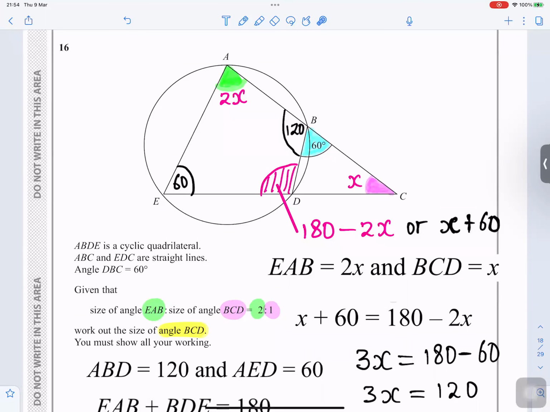Now, first thing we do is we have ABD is equal to 120 and AED is equal to 60. If you look at that straight line, 120, you get it from 180 minus 60, it gives you 120. So that gives us that 120 there.